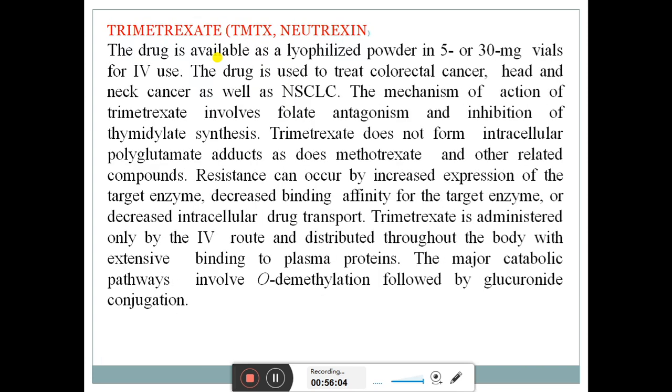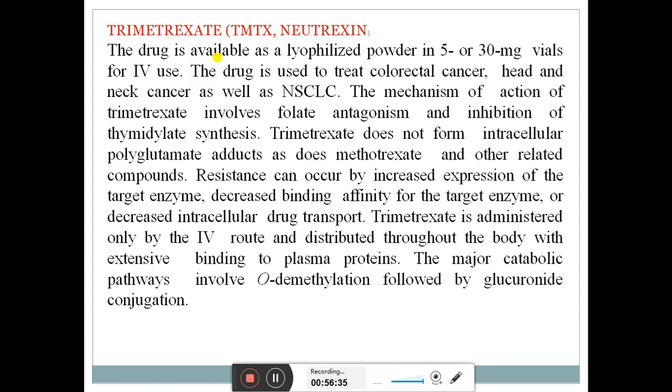The next drug is trimetrexate. This is available in the form of a lyophilized powder, and the drug is given intravenously. The drug is used in the treatment of colorectal cancer, head and neck cancer as well as NSCLC, which means non-small cell lung cancer.